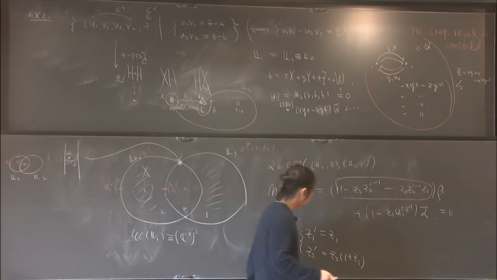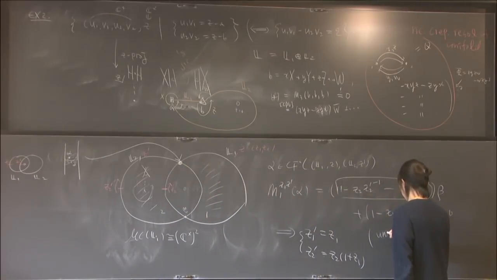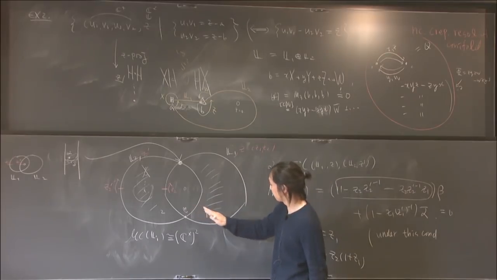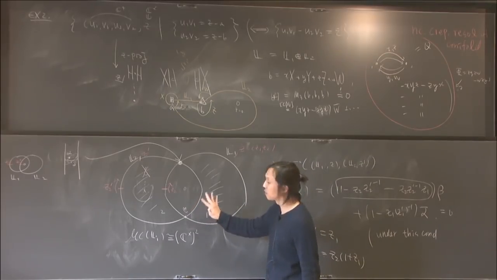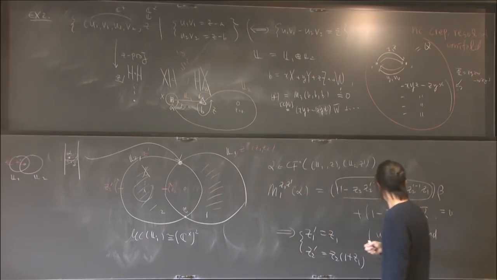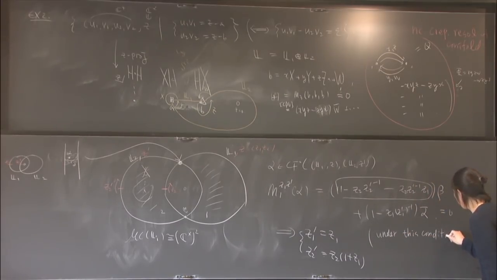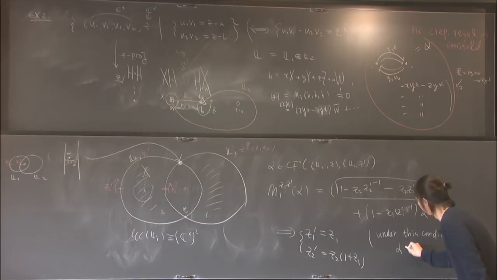Under this condition, you can actually check that alpha is an isomorphism. In fact, beta here, seen as a morphism in the other direction, can serve as an inverse of alpha. So alpha is really an isomorphism. This is something you have to check by computing.